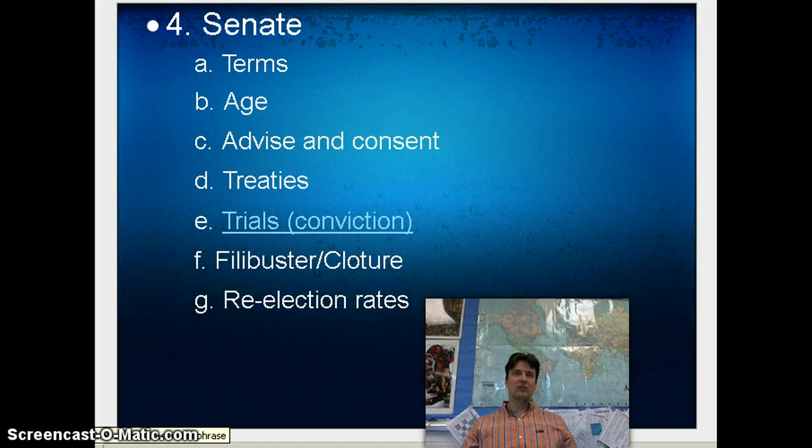A senator can stop debate and prevent a vote from occurring if the senator takes the floor and refuses to yield it. And they refuse to yield it by continuing to talk. So you can basically continue to talk.